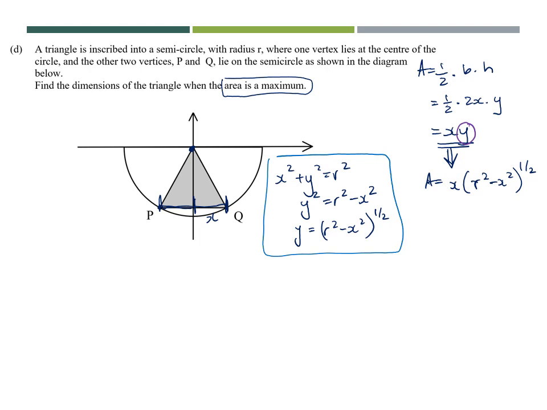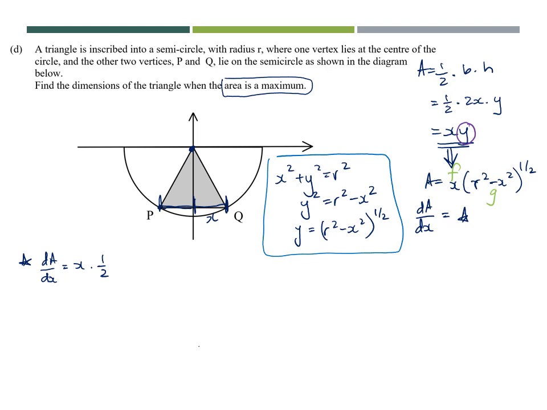Okay, so from here, what I need to do is differentiate my area with respect to x. Again, that is a product. So there is f, there is g. Product, I'm going to need more space, so I'm going to write this one over here. So dA over dx is going to be write down the first, which is x, times differentiate the second.